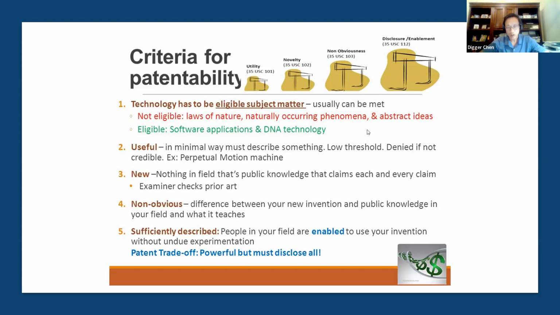Not only so, the second criterion is that it has to be useful. Useful means that if you find something like a perpetual motion machine, that is not practical, not useful, so it cannot be patented.